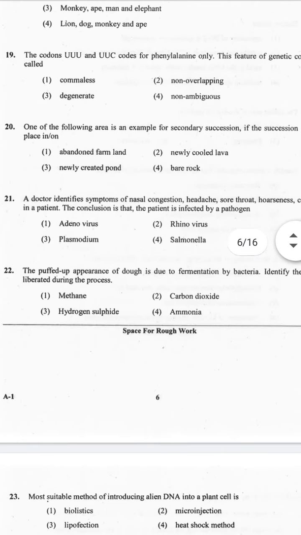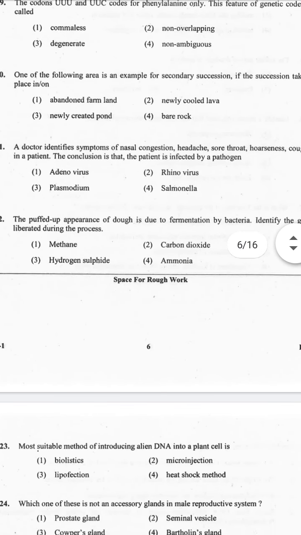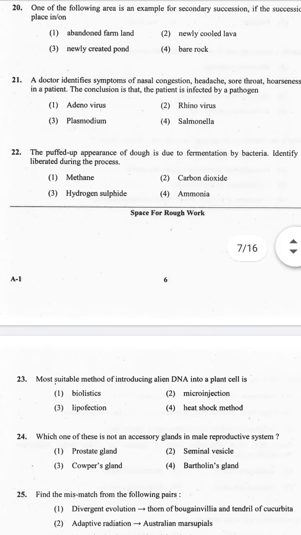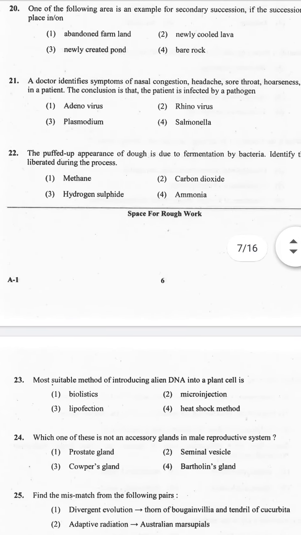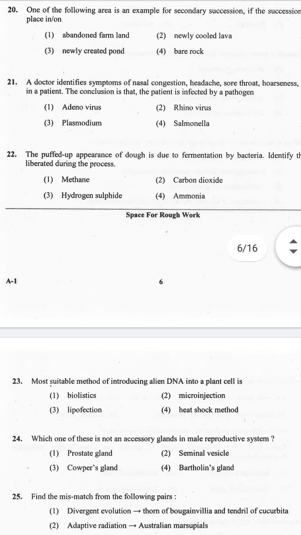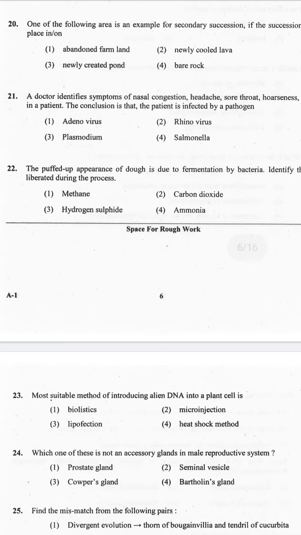Next question. The puffed up appearance of dough is due to fermentation by bacteria. Identify the gas liberated during the process. 1, methane. 2, carbon dioxide. 3, hydrogen sulfide. 4, ammonia. And the correct answer is option 2.